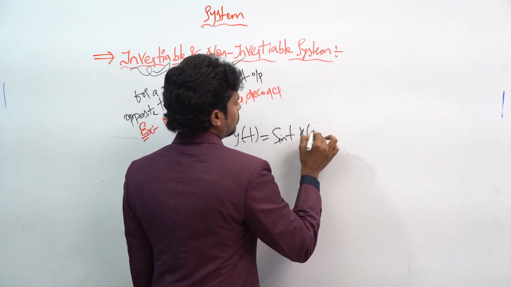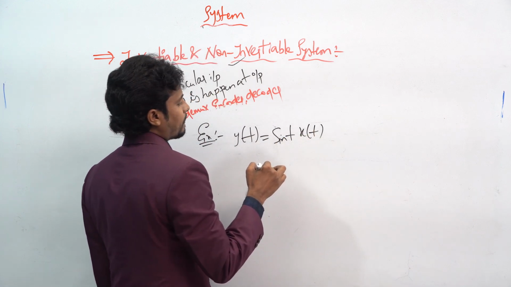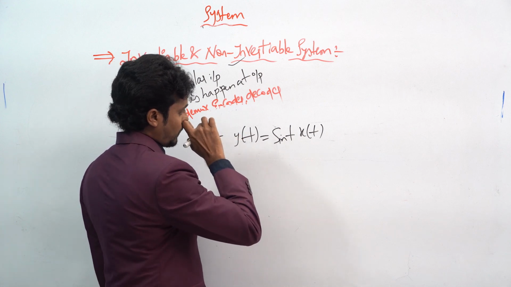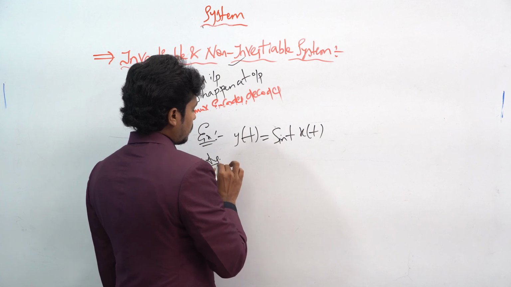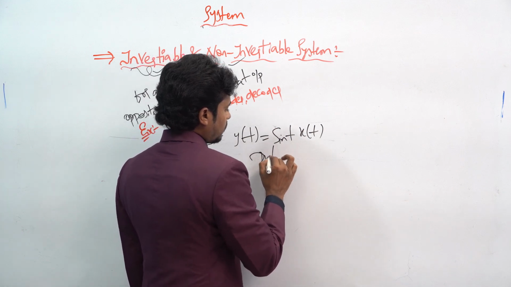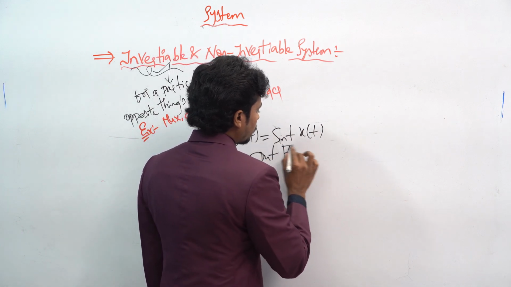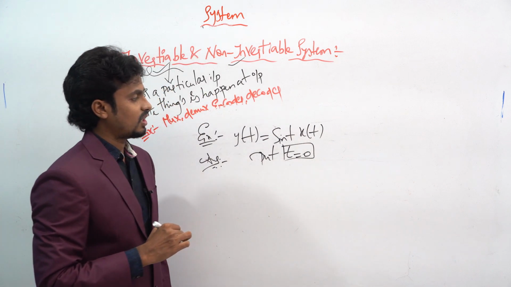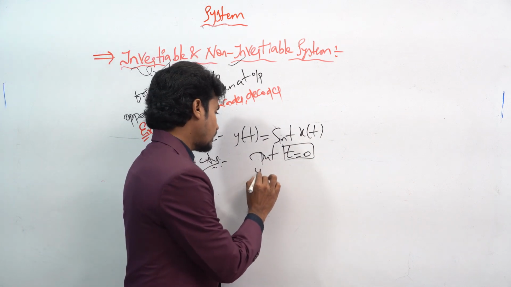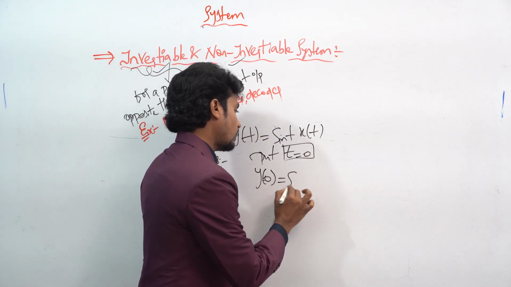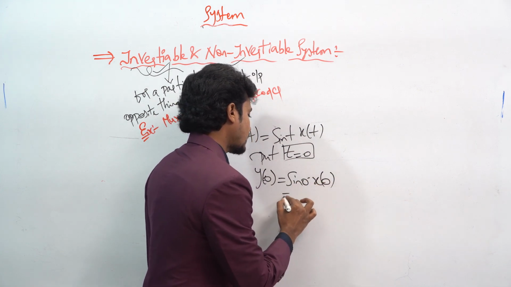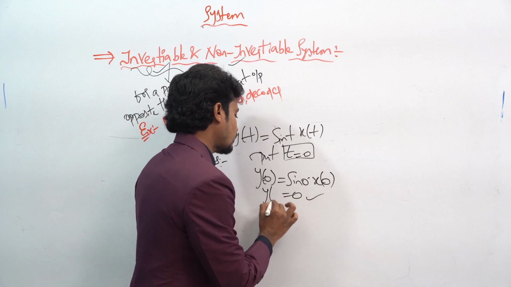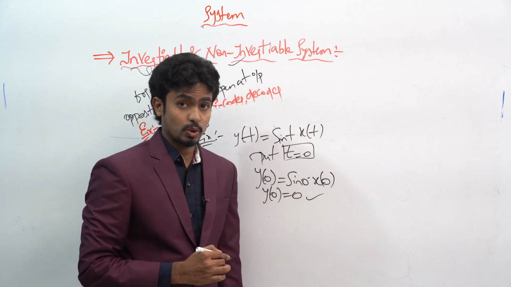If I put t equal to 0, what will happen? y of 0 will be equal to sin 0 into x of 0, right? Sin 0 is 0, that means y of 0 is 0.